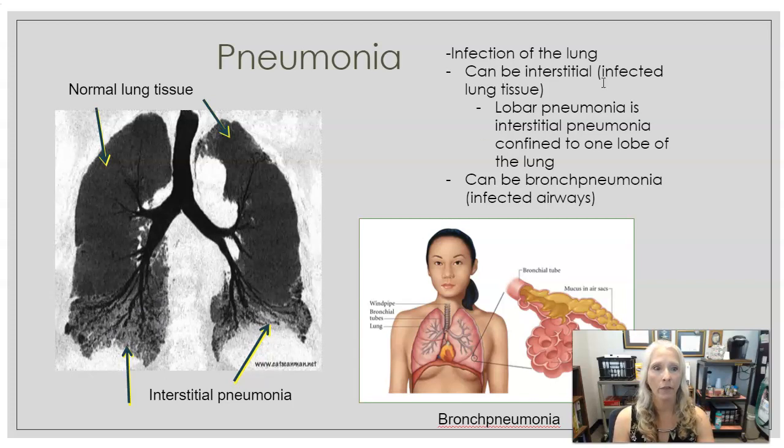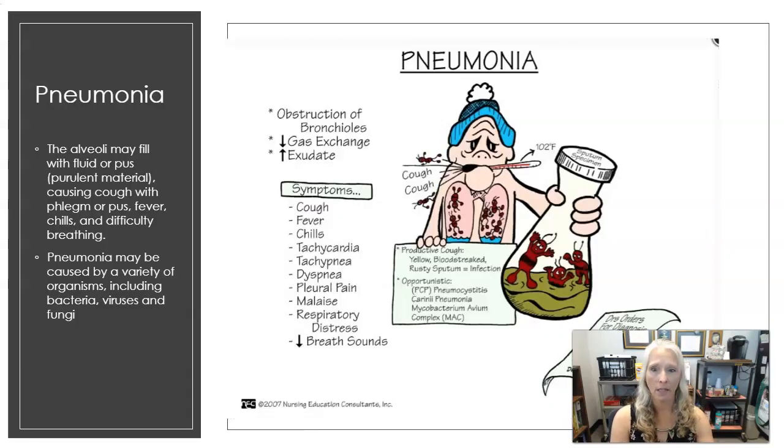So you can have infection of the lung tissue, or you can have infection that is specific to a single lobe. Lobar pneumonia can be confined to one specific lobe, or it can just be in the airways, the bronchioles. It usually is an accumulation of pus and phlegm, and can be due to bacteria or viruses or other types.